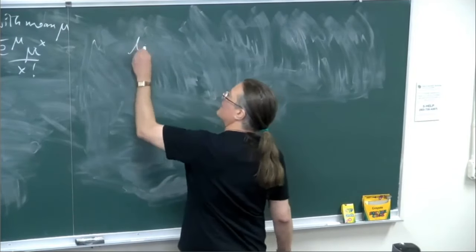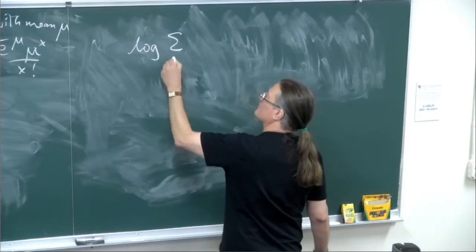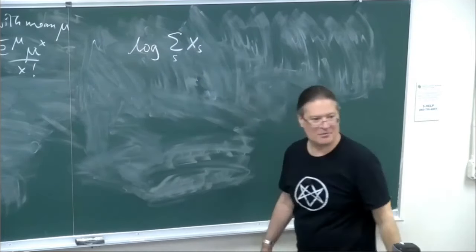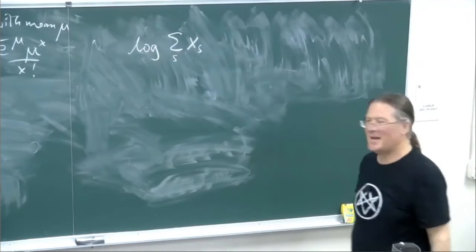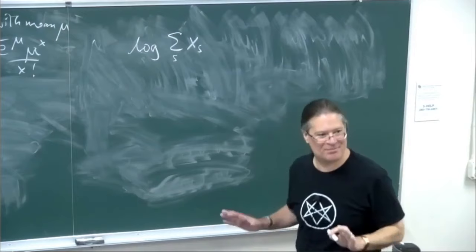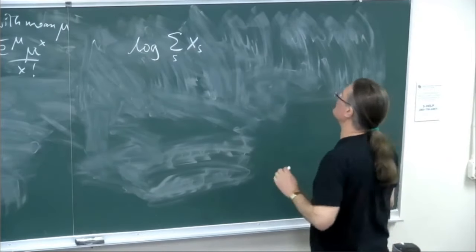So suppose I have the log of a sum of something, which I'll call x sub s, what I'm summing over. I'm going to do a couple of things which will look like trivial algebraic manipulations, but it's actually very cool.